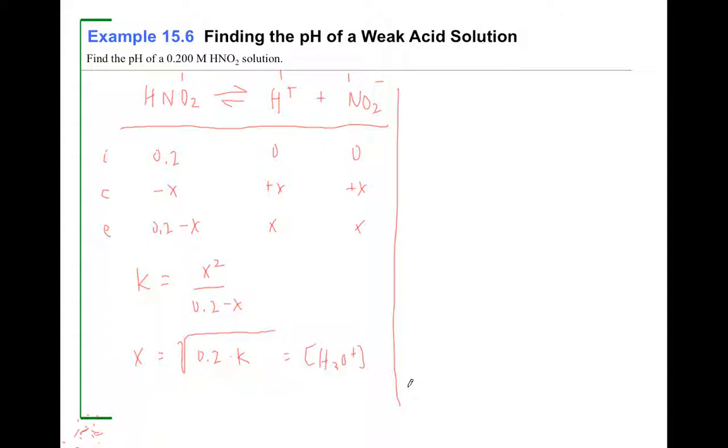The Ka is equal to 4.6 times 10 to the minus 4. I'm going to have to check to see if the small x approximation is legit. So let's first of all calculate x.